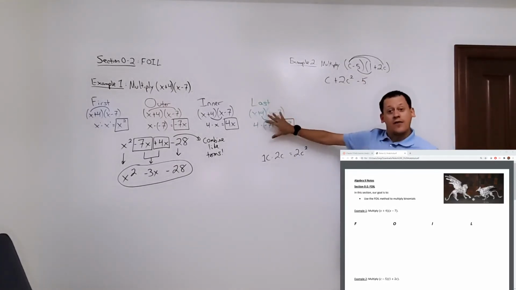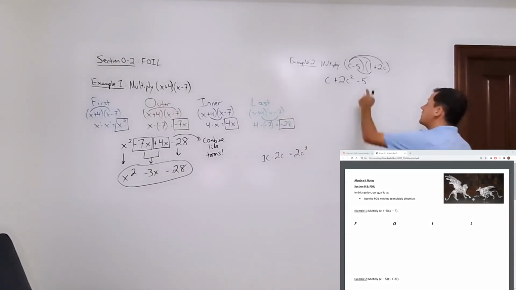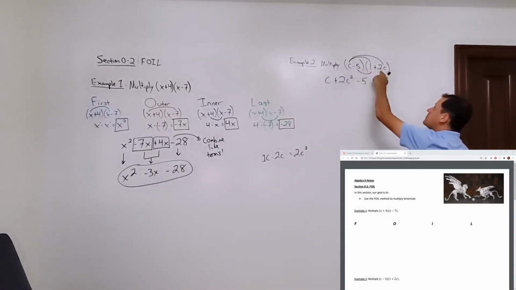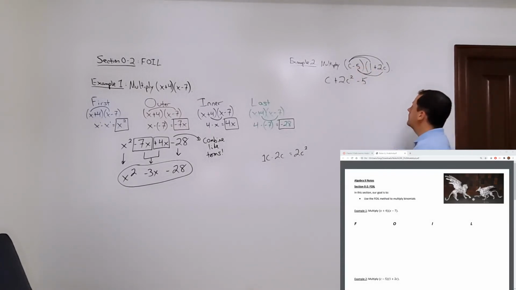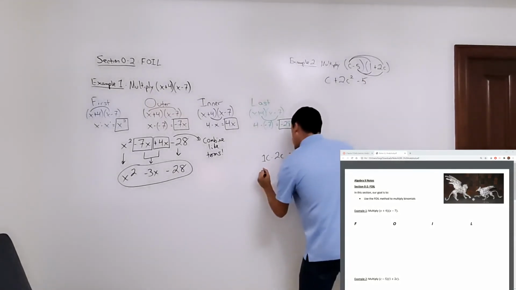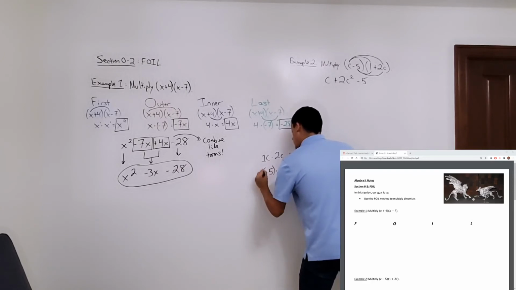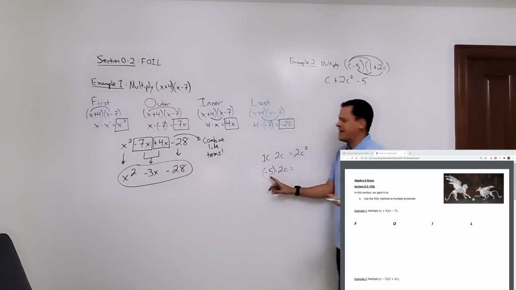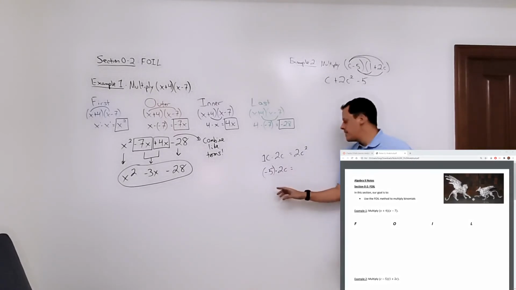And now we're on the last. We take the two things in the back of each parentheses. So negative 5 times 2C. Okay. Maybe I want some extra space to do that as well. Negative 5 times 2C. And again, I just have a habit when I'm multiplying by a negative number to put it in parentheses.